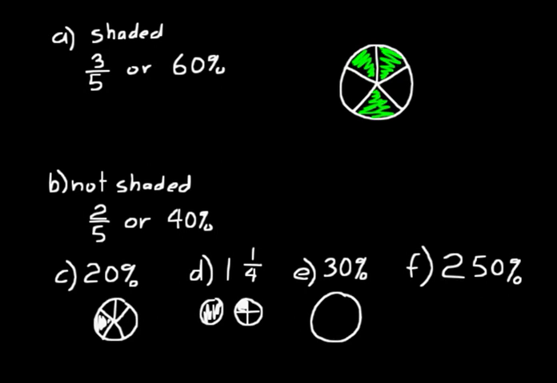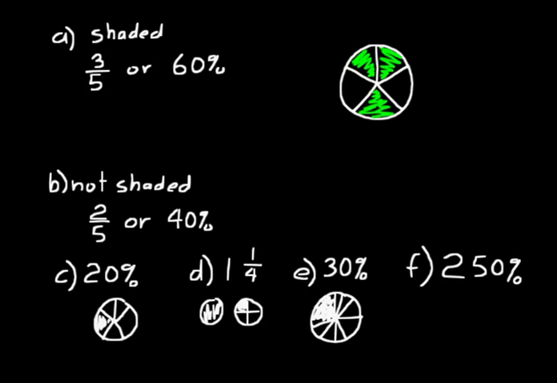So you need to break it up into 10 sections. So what I would do is start out with breaking it into fifths like you did in practice problem C, and then break each of those fifths in half. That way you know you have 10, and just shade in 3 of those 10. So that would be 30%.